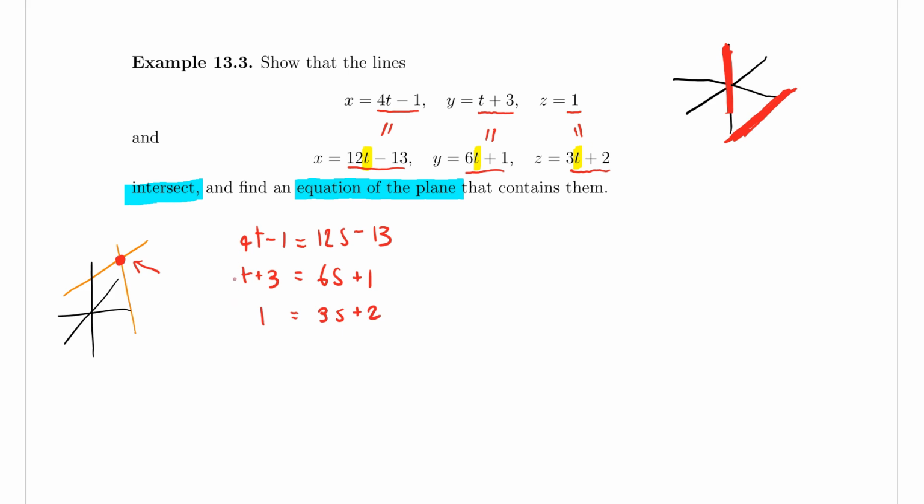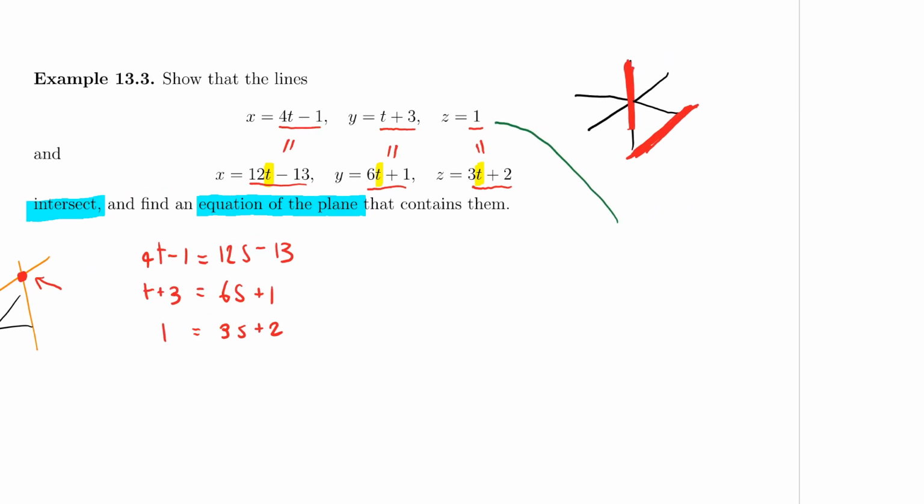Another way you can think of this system of equations is in vector form. So in vector form, this would be 4t minus 1, t plus 3, and 1. The other one, where I changed t to s, would be 12s minus 13, 6s plus 1, and finally 3s plus 2.